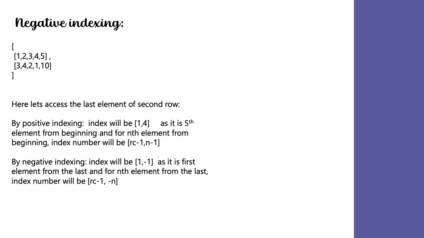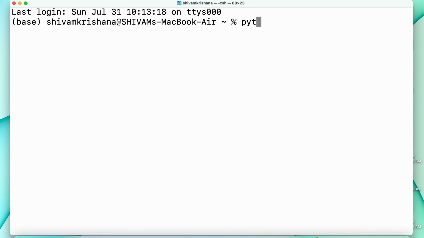And if we do negative indexing, the index will be 1 comma minus 1 as it is the first element from the last, or the nth element from the last. So in general, for the nth element from the last, the index number will be row count minus 1 comma minus n.